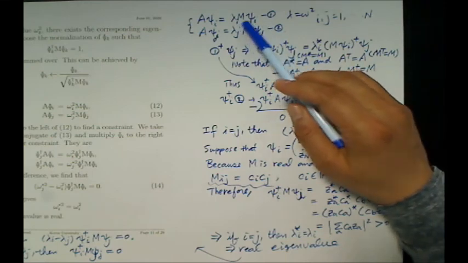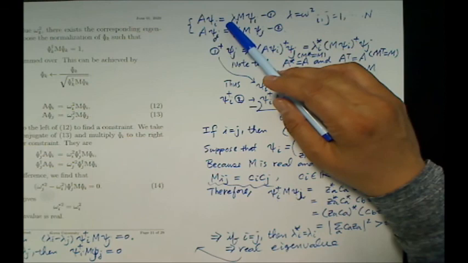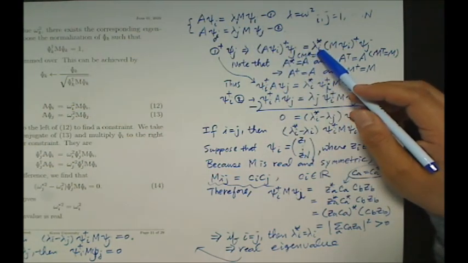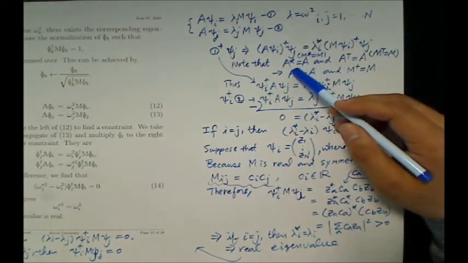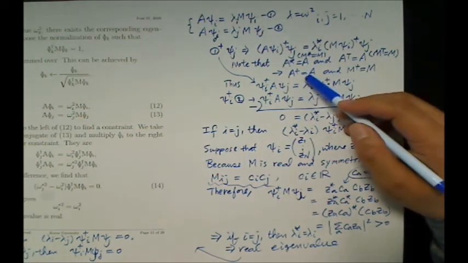Now the matrix should be written in here. Because lambda is an eigenvalue, the complex conjugate appears in here. We remember A is real and symmetric. That means A is Hermitian.